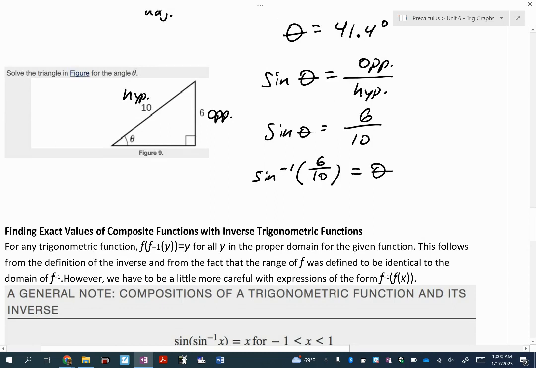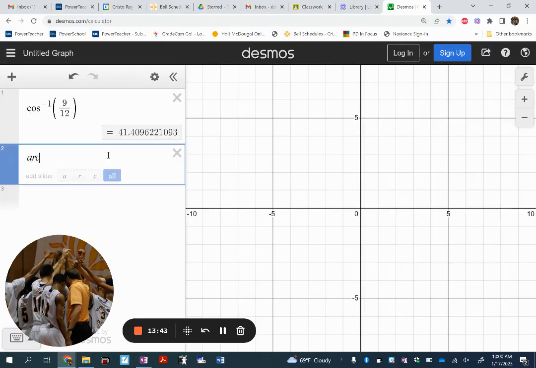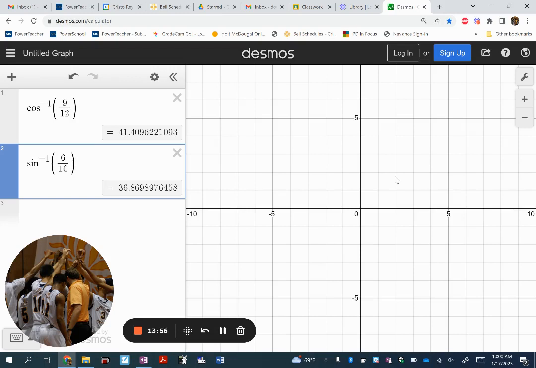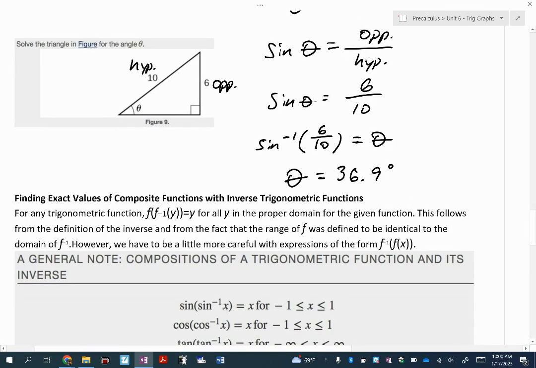So arc sine, sine to the negative first power of 6/10, is approximately 36.9 degrees. All right, so that's one way we'll be using Desmos to help us with these inverse trig functions.